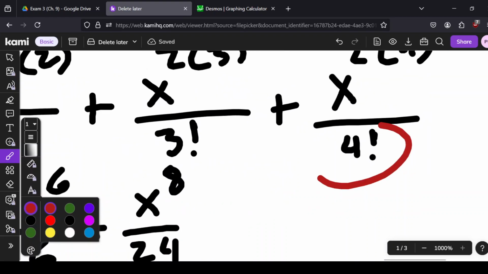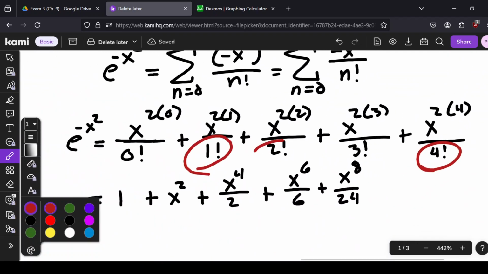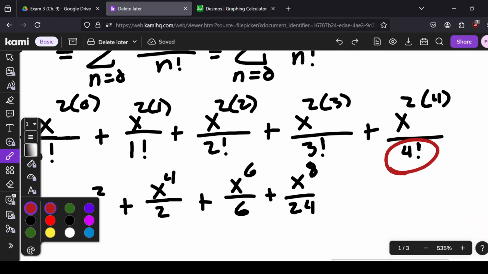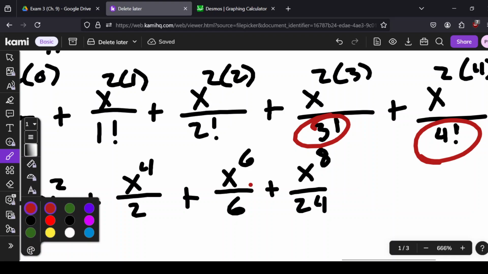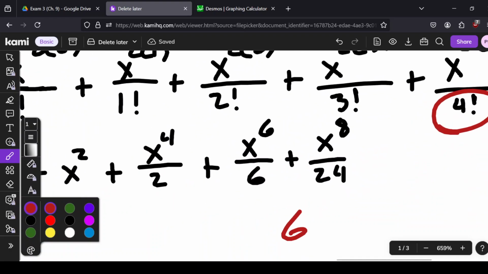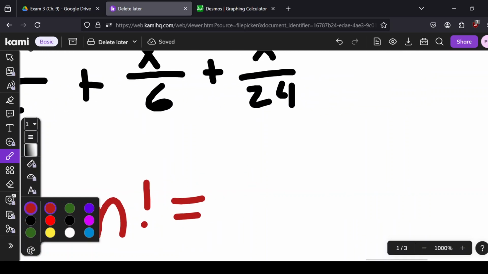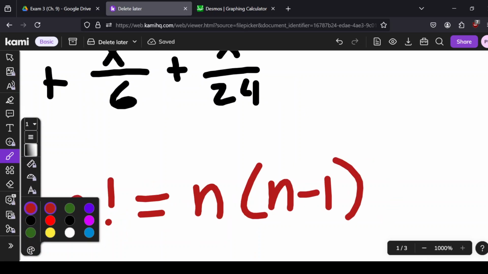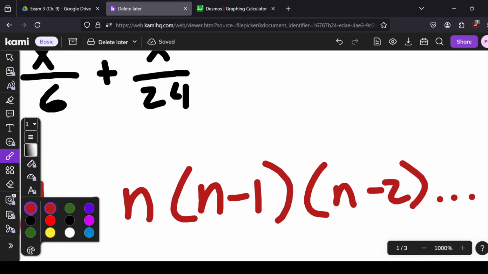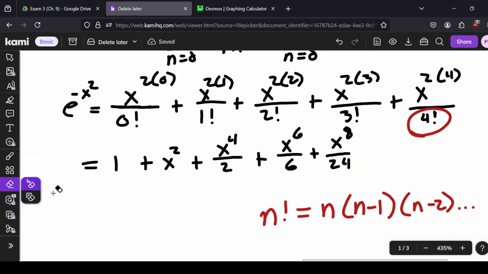The way I do factorials, especially in this type of situation where I'm doing every repeated factorial, is I just take this. I know that 3 factorial is equal to 6, so I know 4 factorial is equal to 6 times 4. The reason for that is the definition of factorial. As you can see, you just multiply it by the next one.